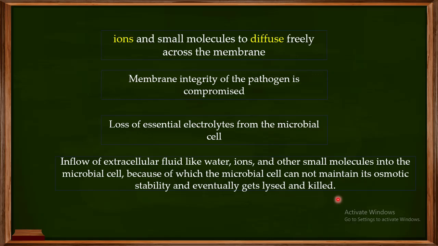So you have two phenomena. The pore formation allows the leakage of the important ions and the small molecules from the pathogen. Secondly, the inflow of the water and the other unwanted molecules is going to disturb the osmotic stability and eventually kill the pathogens.